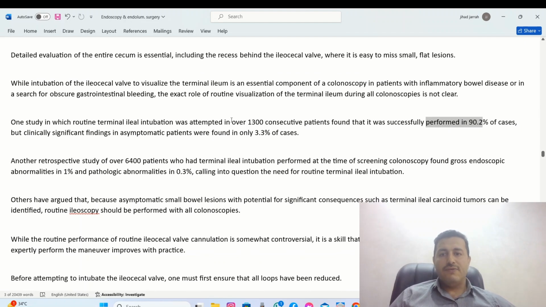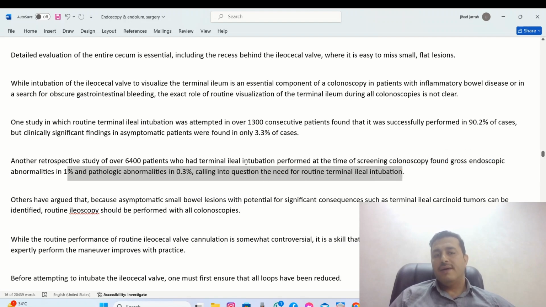The need for terminal ileal intubation, to say that I completed my colonoscopy, is not mandatory, or let's say it's controversial, because the gross endoscopic abnormality is 1%. So it's not mandatory to routinely intubate the ileum.